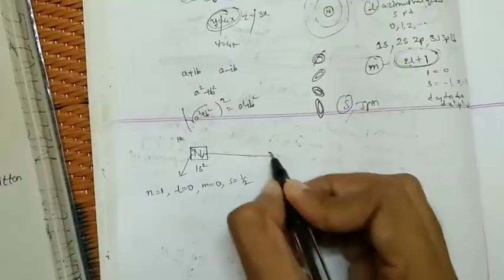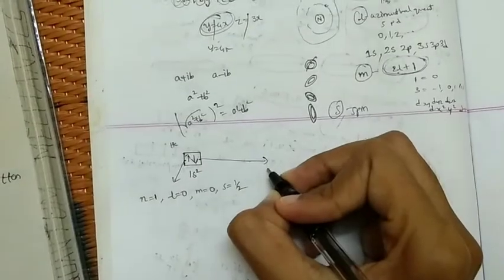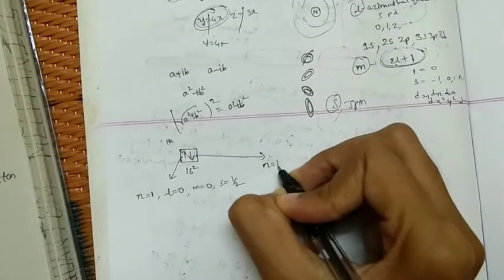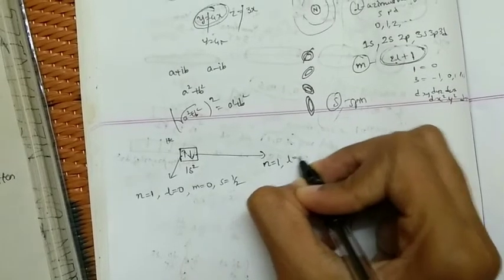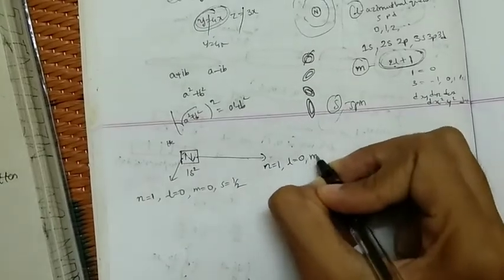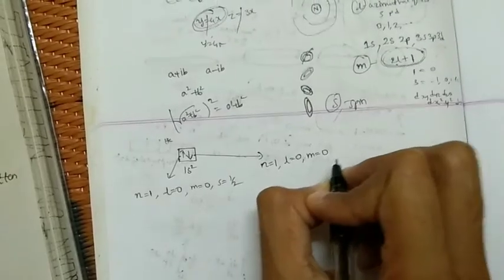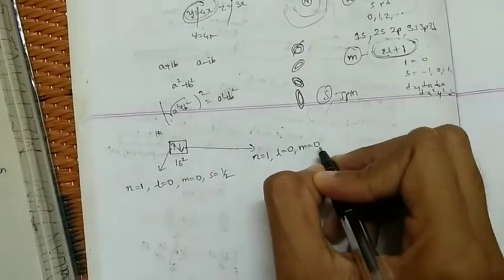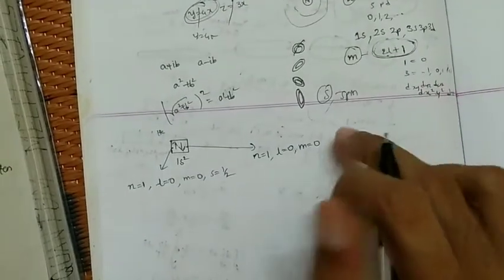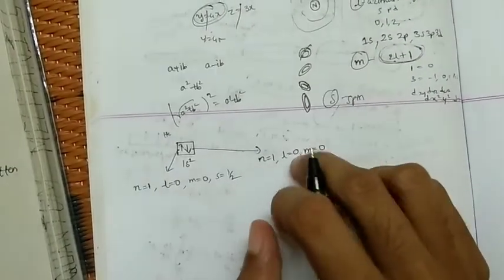For the second electron, n is also 1, it also resides in the first shell and in the s orbital, and its magnetic quantum number is also 0. For this value of l, only one value of m is possible: 2 times 0 plus 1, that is 1.